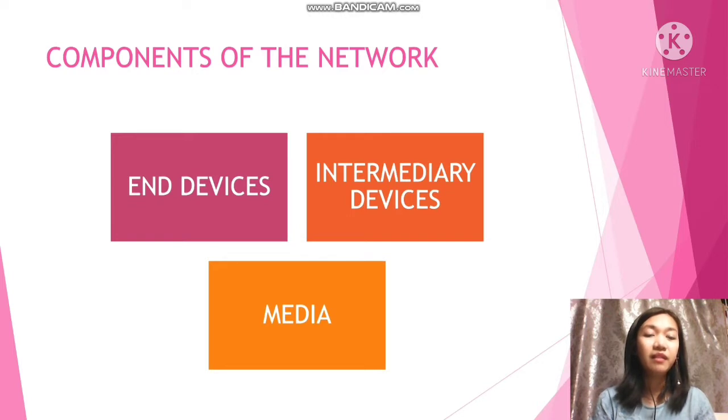The intermediary device directs data over alternate paths in the event of link failures and filters the flow of data to enhance security. And the last one is the media, which provides the channel through which network messages travel.